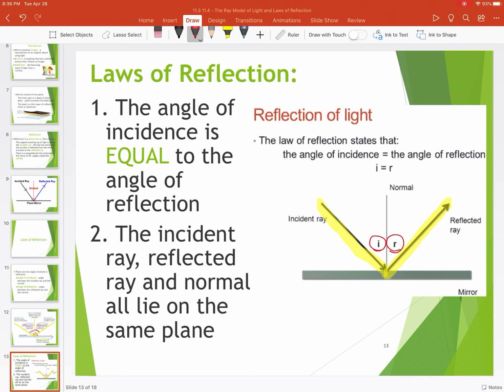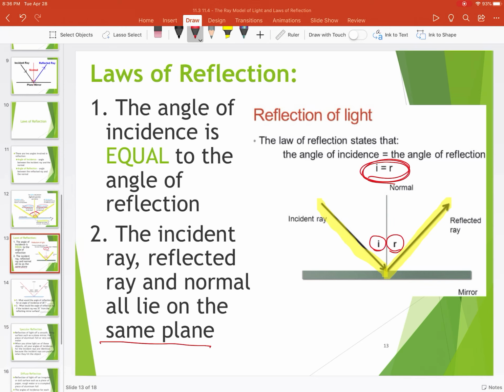The law states that they are going to be equal if everything is done right. The law also tells us that the incident ray, the reflected ray, and the normal all lie on the same plane.